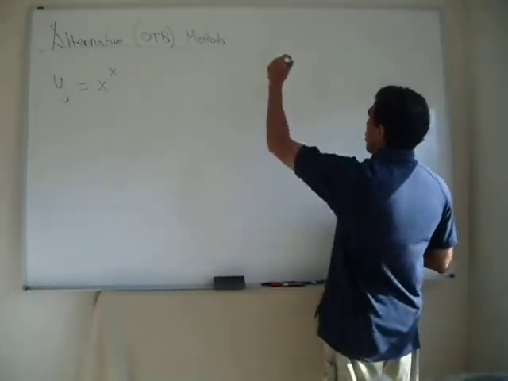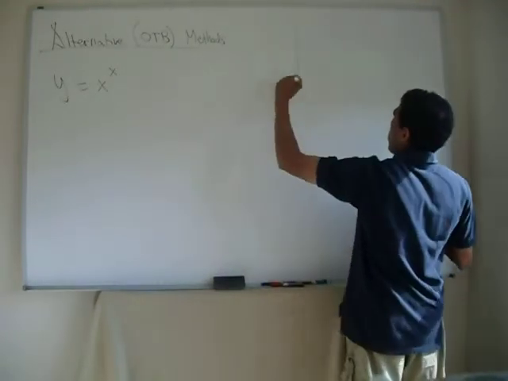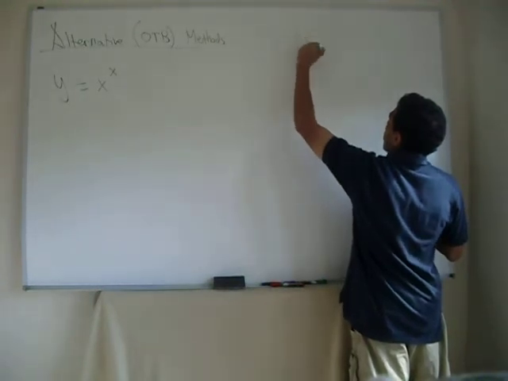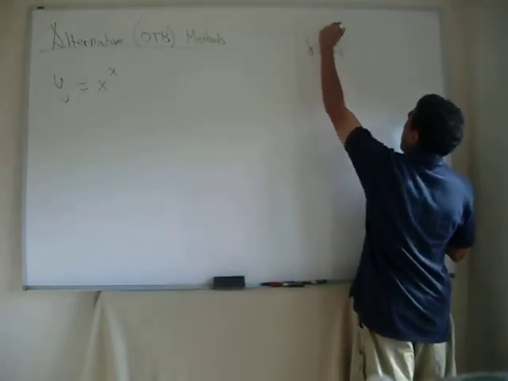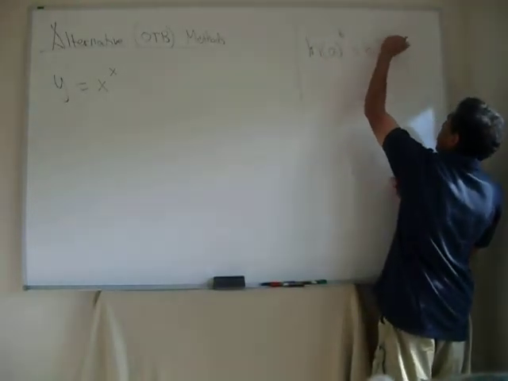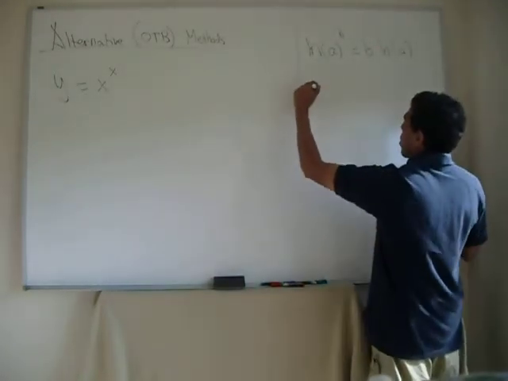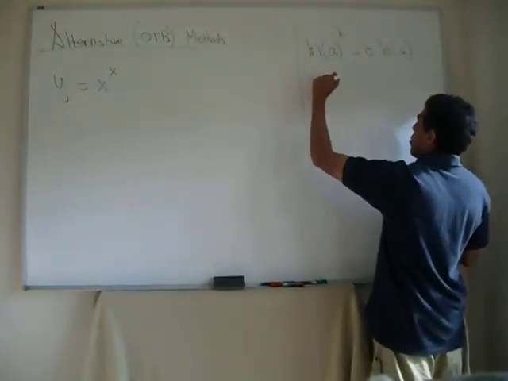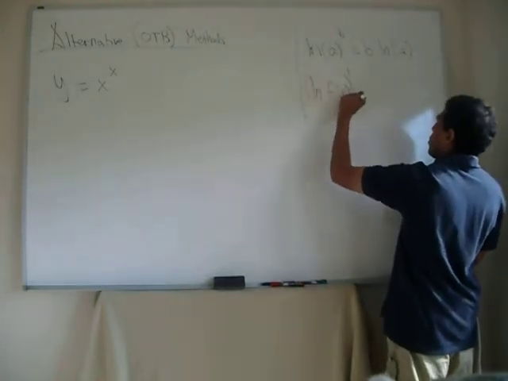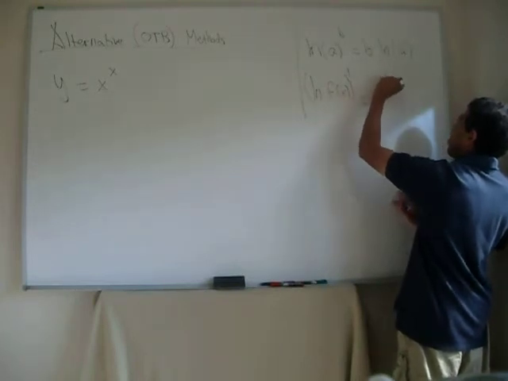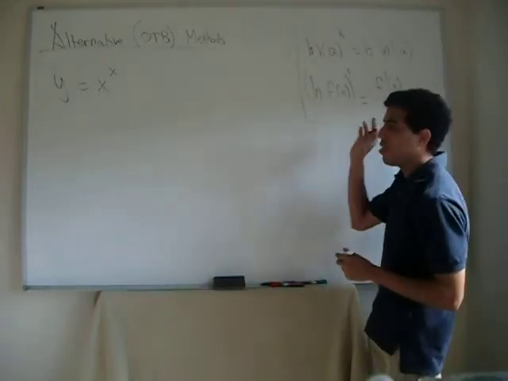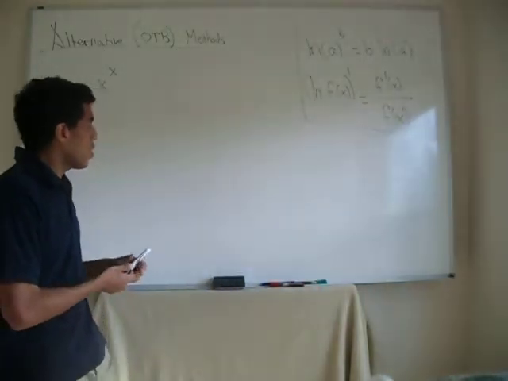Again, I'm going to be using basically, in essence, a property that says natural logarithm of a to the b is going to be equal to b times natural logarithm of a, and I'm also going to be using the property that says the derivative of natural logarithm of f(x) is equal to f prime over f(x). Okay, I'm going to be using those two properties. But it's pretty simple, as you can see.